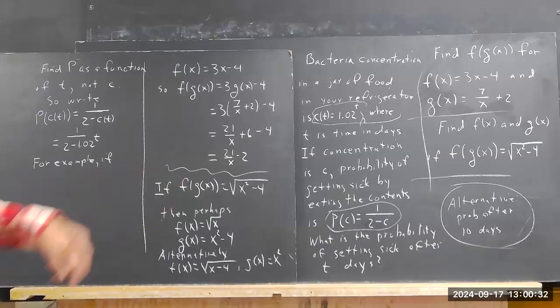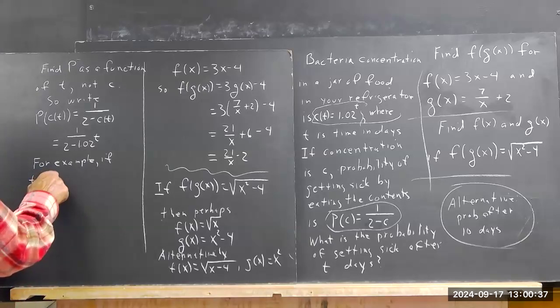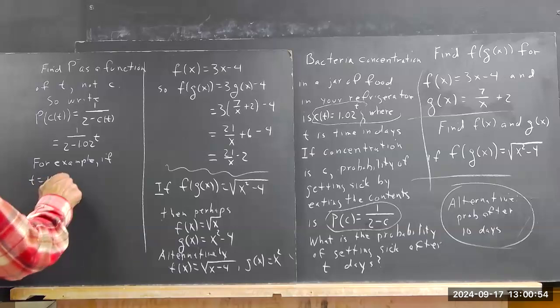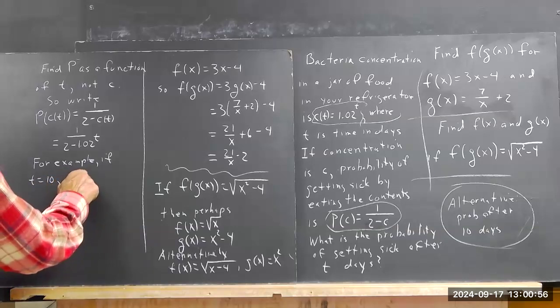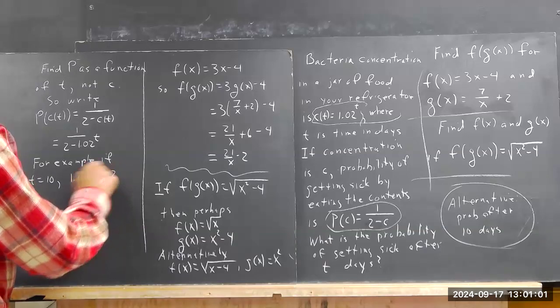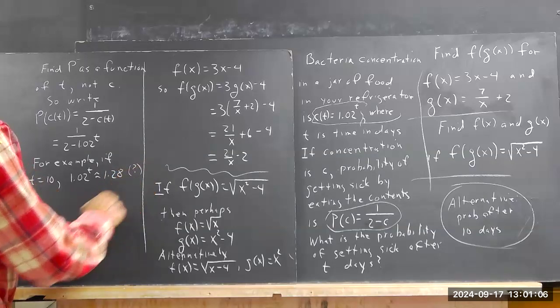For example, if T equals 10, 1.02 to the T, I think, is around 1.28 or 1.29.